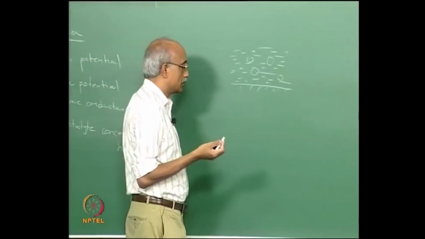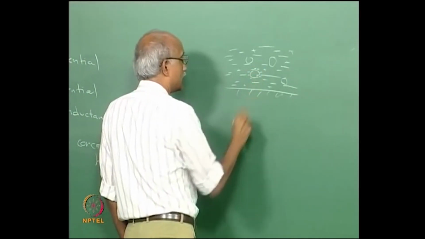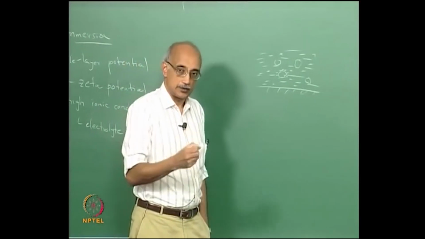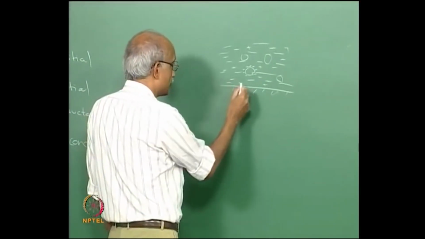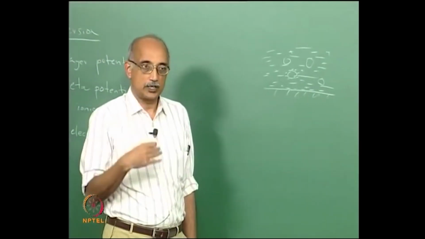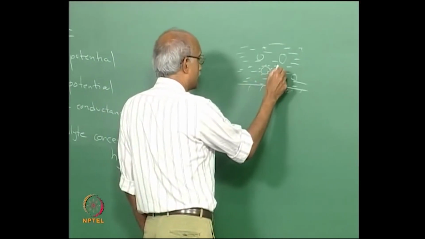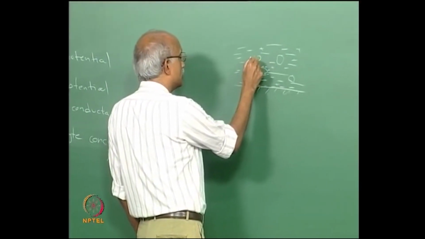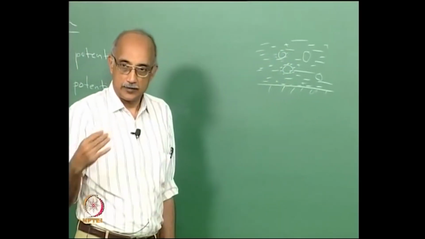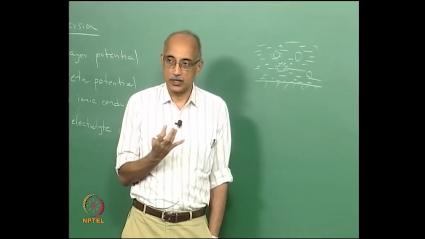Now, let us say that you get a bunch of negative ions attaching themselves to a particle because they are attracted to it, and if the surface also has a negative ion buildup, then there is going to be a repulsive force between them. Similarly, if you have a tendency for adjacent particles to accumulate charges of the same sign, again they will repel, whereas if they build up charges of opposite signs, they will attract.